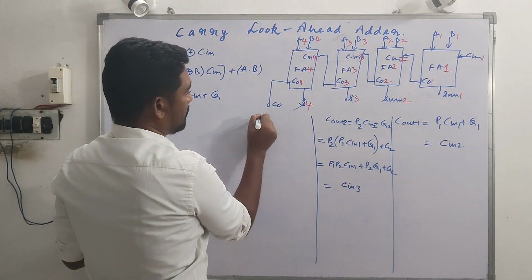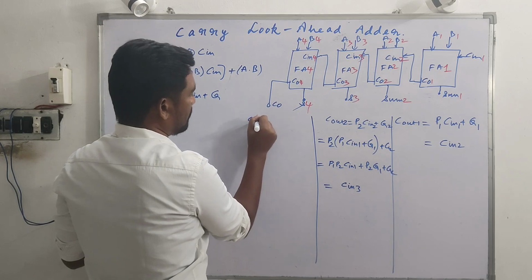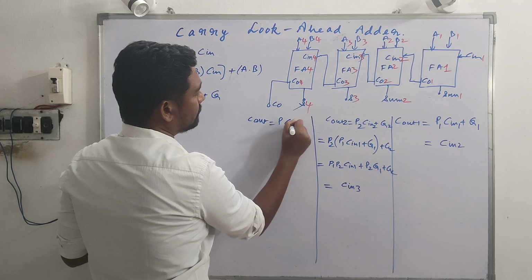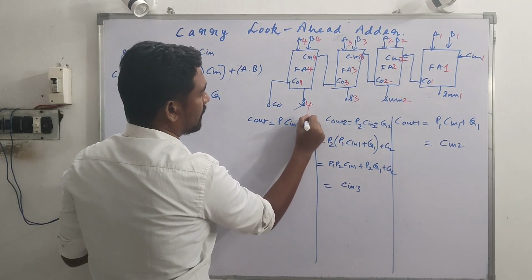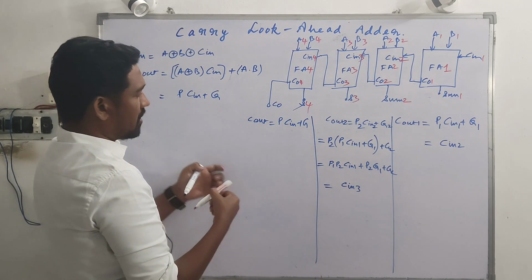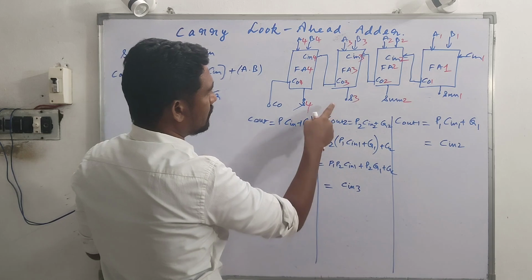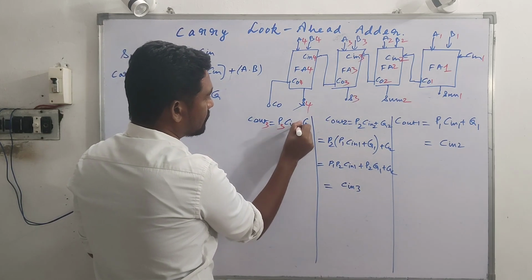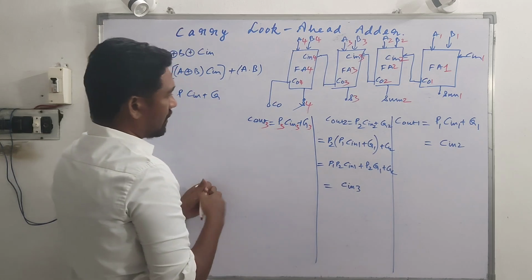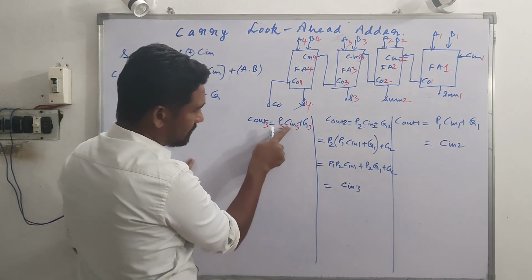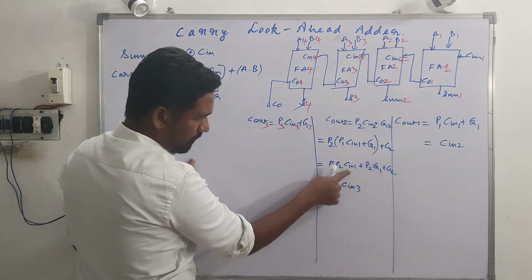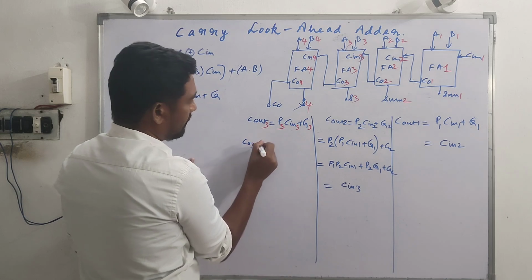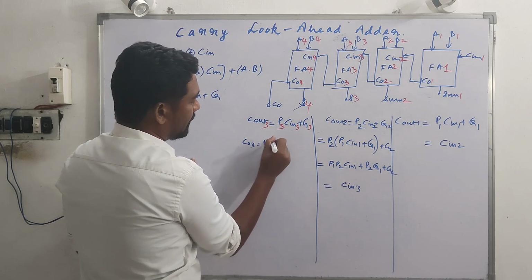What about the third stage? C out 3. In general, C out is P C in plus G, isn't it? So if we are talking about C out 3, that will be P3 C in 3 plus G3, and C in 3 is the same C in 3, so we're going to substitute this one. C out 3 will be P3 as it is.